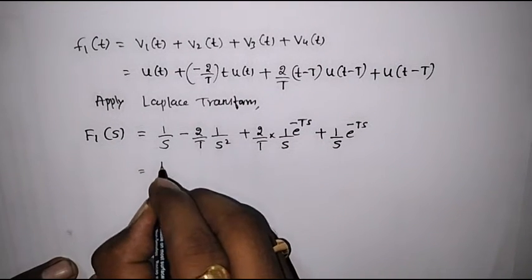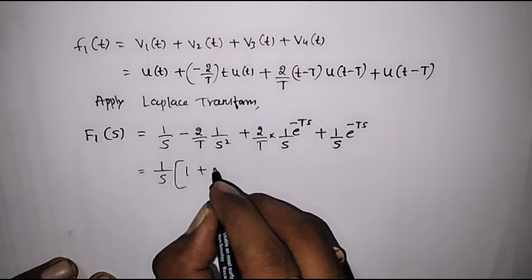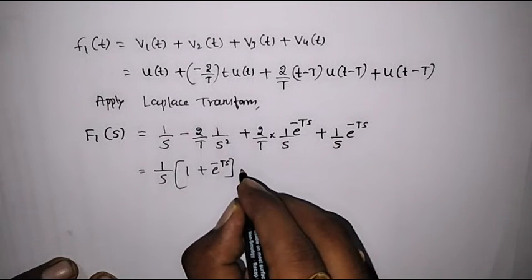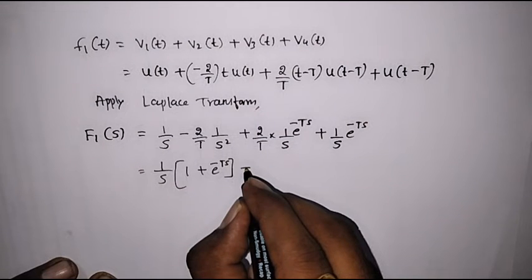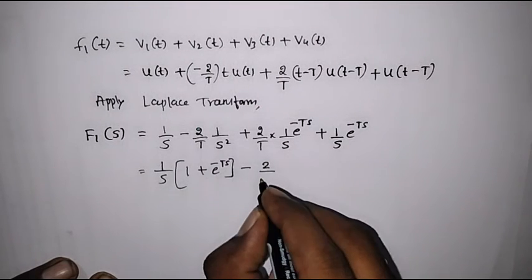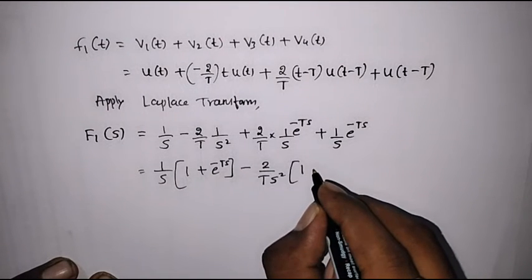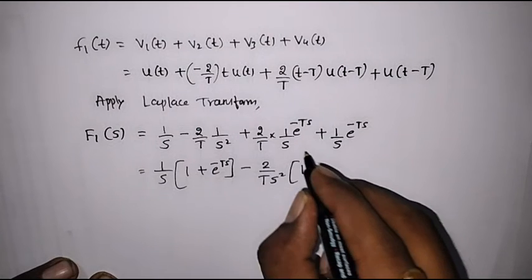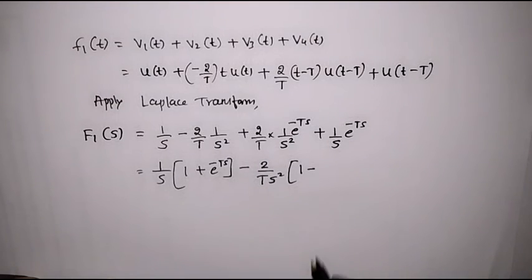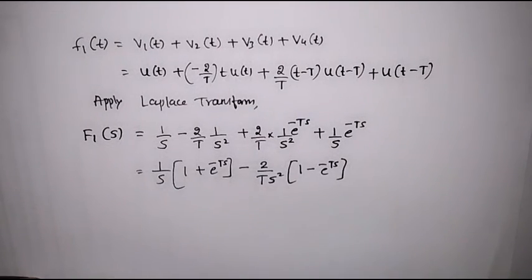So I can write it as 1 over s times (1 plus e power minus Ts) minus 2 by T s square, sorry, this is supposed to be s square, so it is (1 minus e power minus Ts).